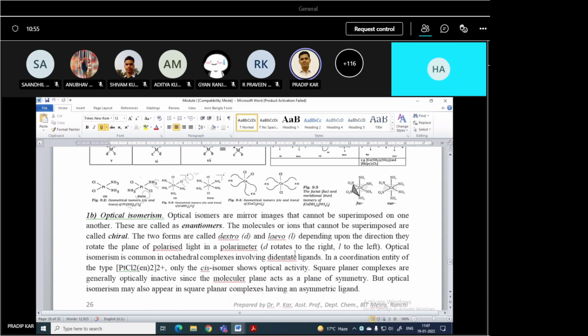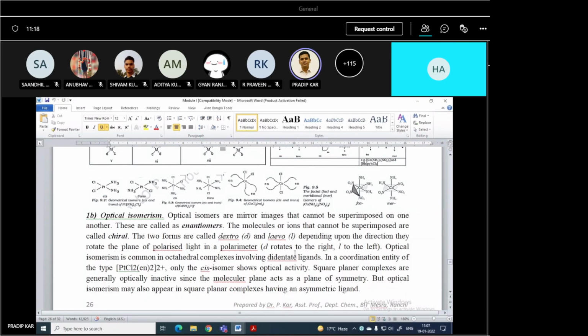Optical isomer means it rotates the plane polarized light. Light is a wave having a particular direction, and plane polarized light means we are taking light in a single plane, like a sine wave in one plane.